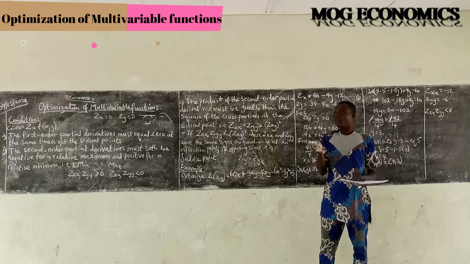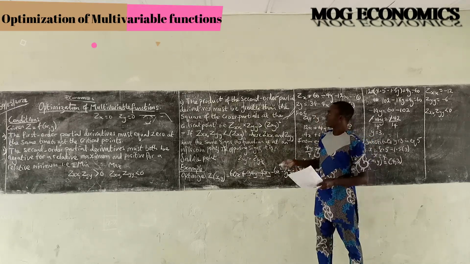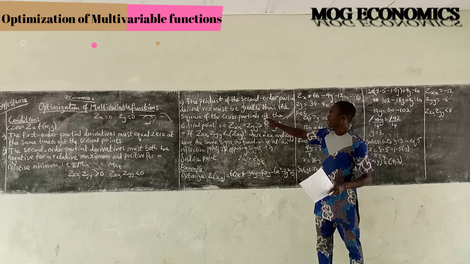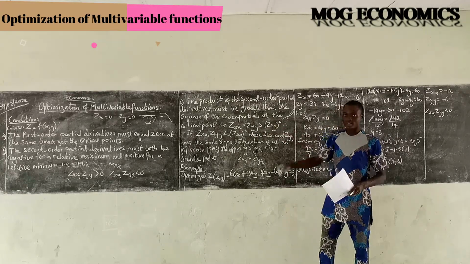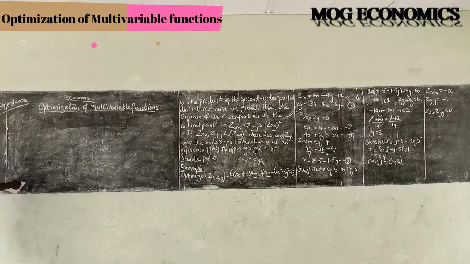But now let us see if that is indeed the case. We now need our third condition, which says we compare zxx times zyy with zxy squared.